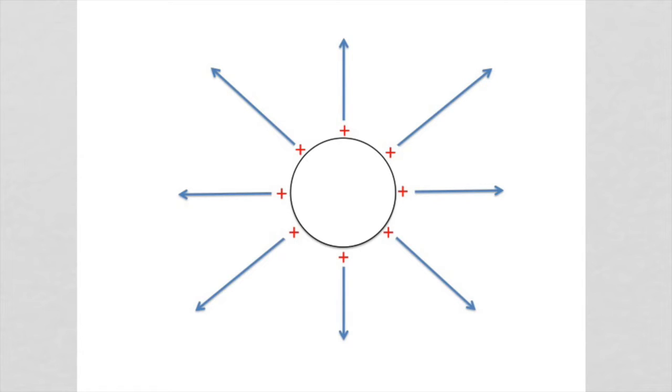Here's our generator with a charge of plus Q on it. Let the radius of the sphere be designated as R sub sphere, and let the origin be at the center of the sphere.